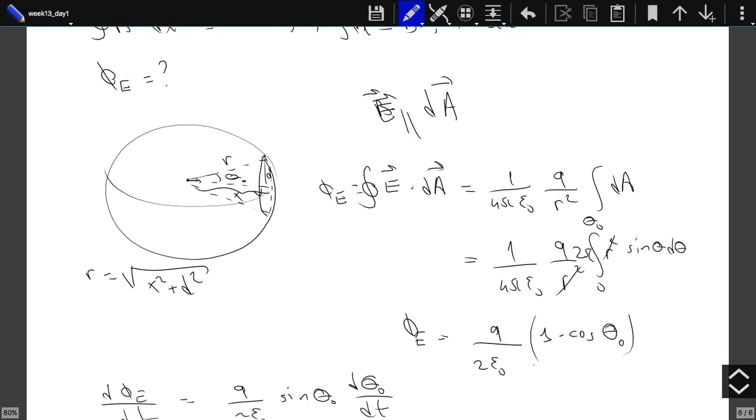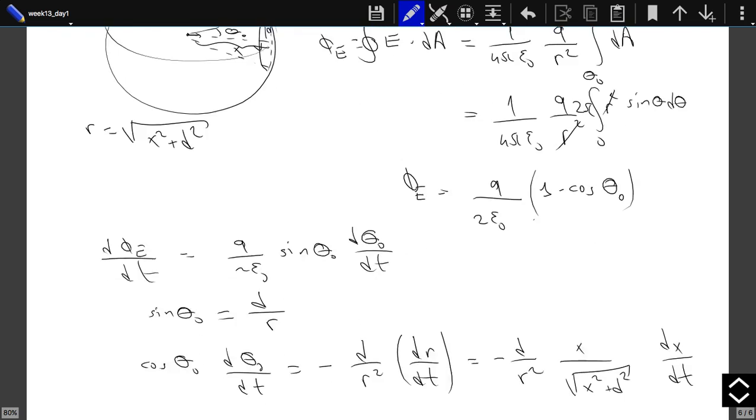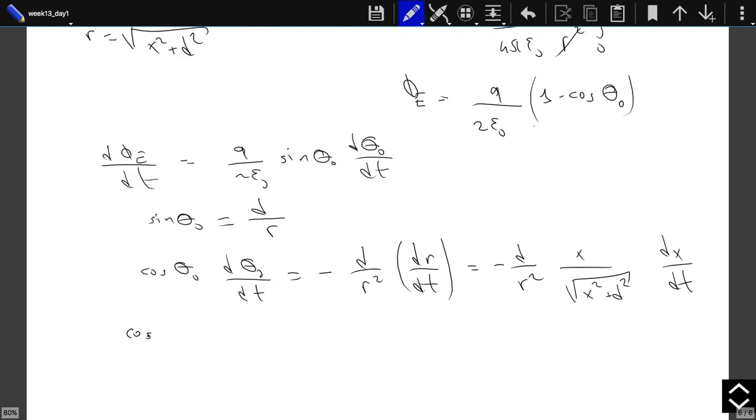You see, this is my x. If v is positive, x is decreasing. That is why I have a minus sign. So cosine theta 0 d theta 0 by dt is equal to minus v d over r squared. You see x over square root of x squared plus d squared? This is nothing but cosine theta 0.